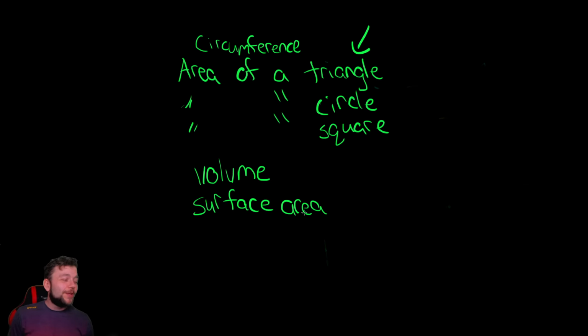So these are the keywords that are gonna help you out the most. Volume, surface area, they can't really get around those in your word problems with geometry. You'll be okay. You'll be perfectly fine. I have total confidence in you. And they don't have a lot of geometry problems on the GED test anyways, so you're gonna be golden.